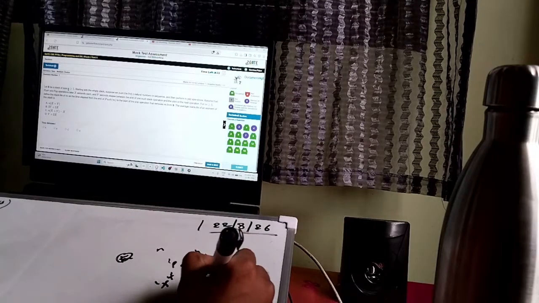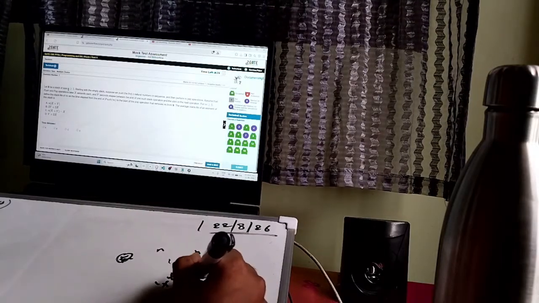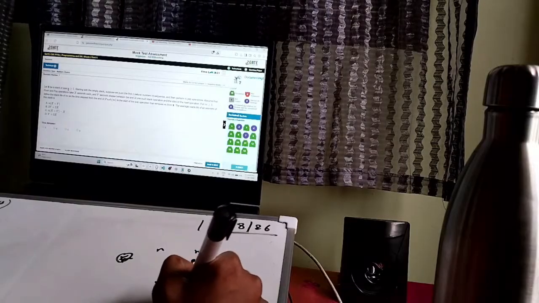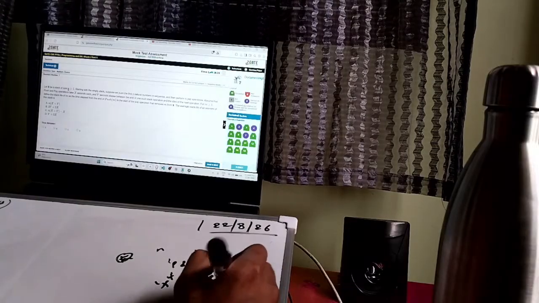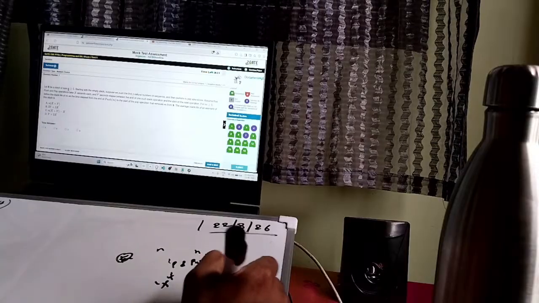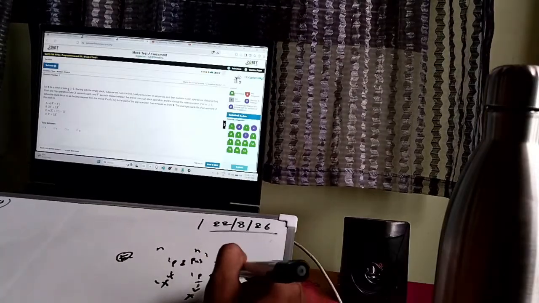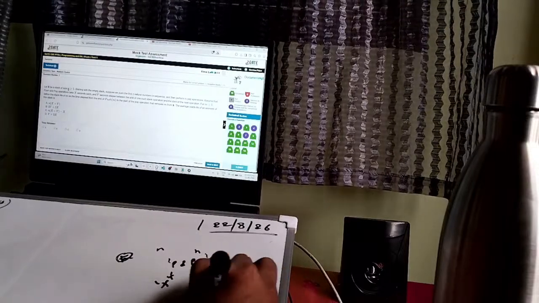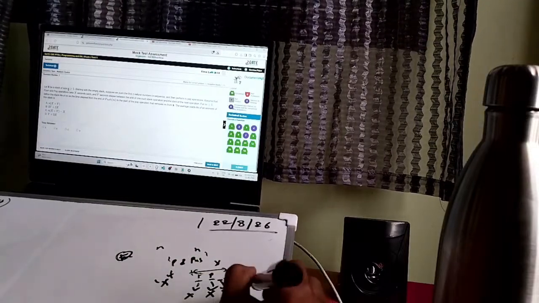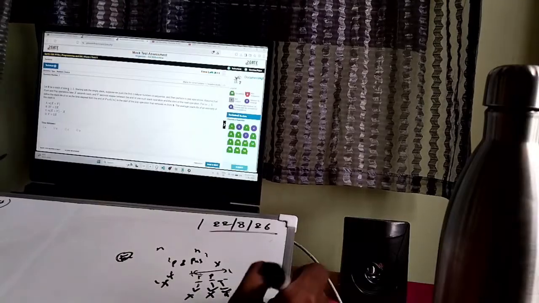There are two operations, push and pop. Each takes x seconds, and the system took y seconds. So if we calculate this operation, it is like 2x plus y.